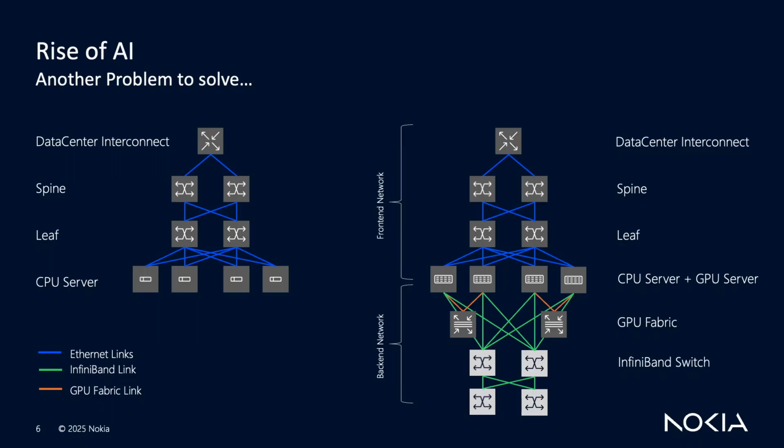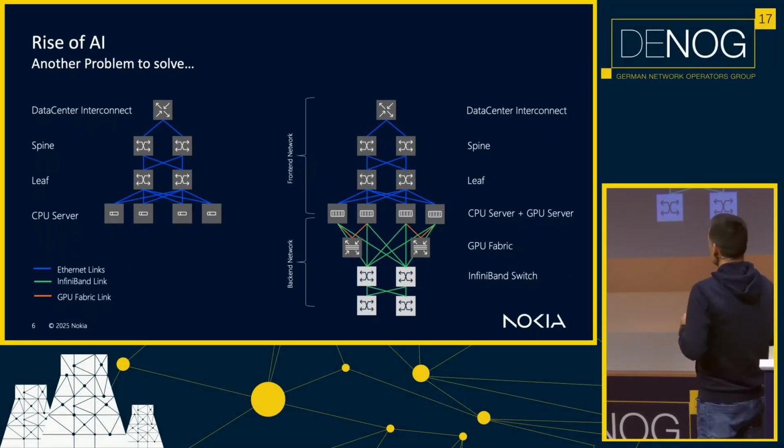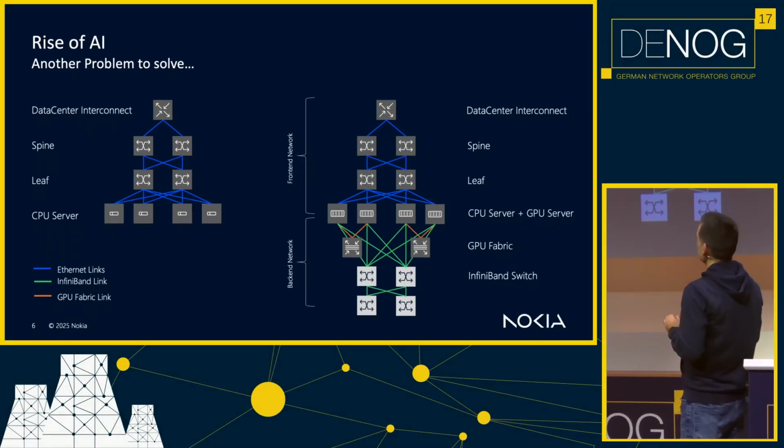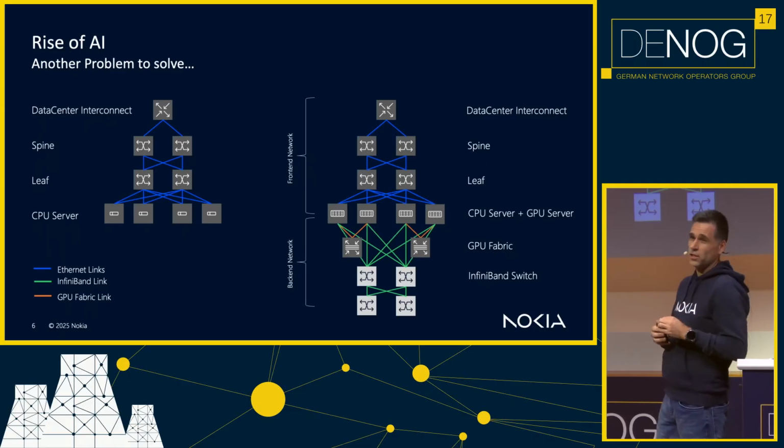It's often called differently in different marketing lingo and in different companies, depending on who released the white paper. But everything where the user connects with the data center is called the front end. And everything where you have your GPU-to-GPU communication is referred to as the back end. What you also see on the slide, indicated by the colors, is that you use a different technology.